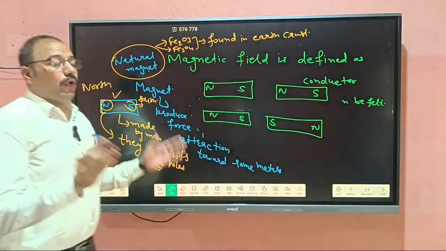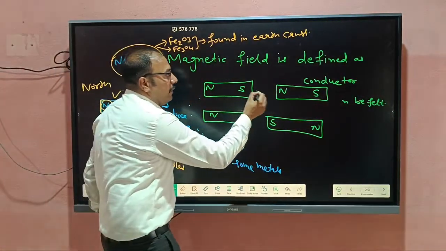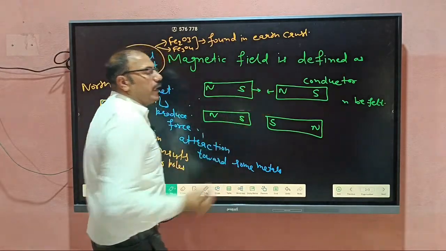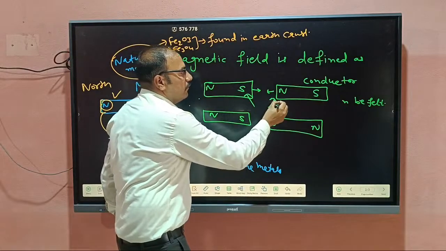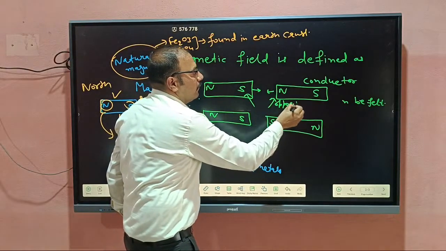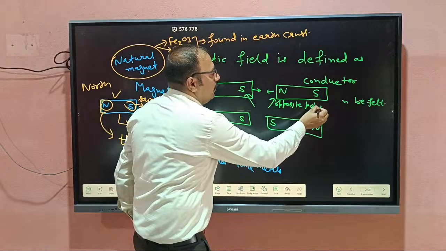So what happens when two magnets are brought together? These are opposite poles.